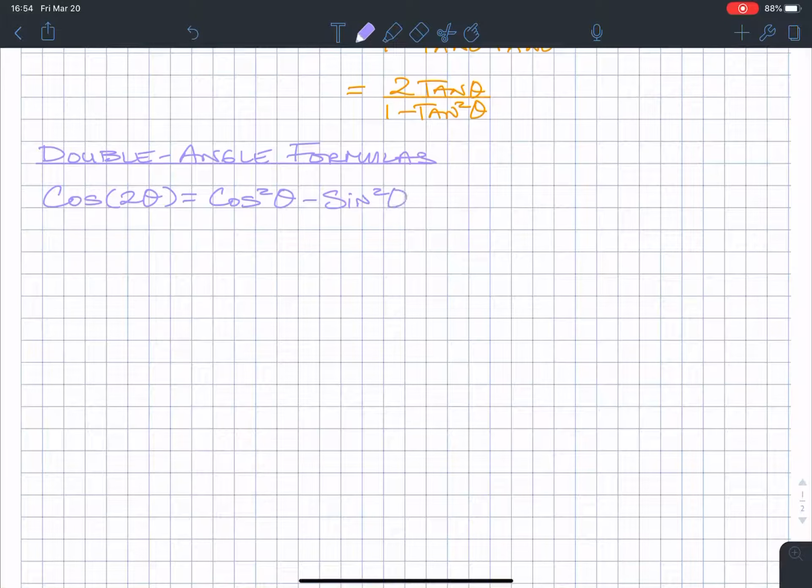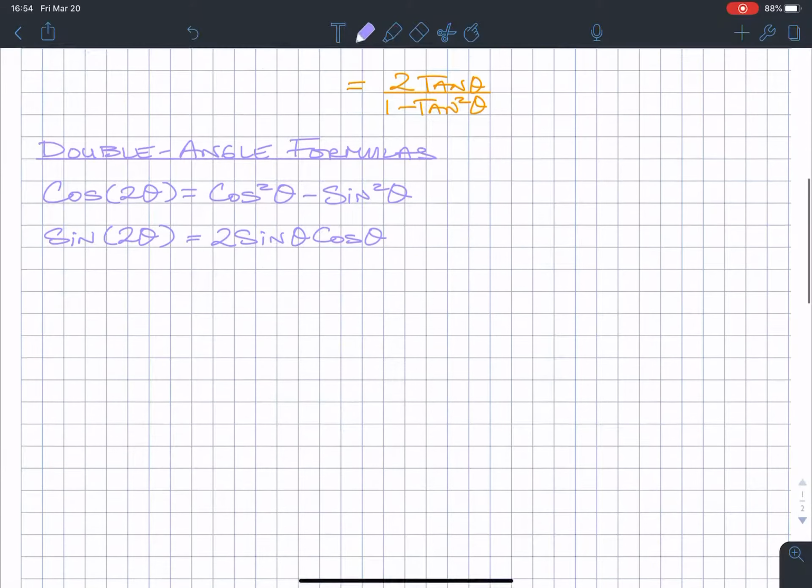Now be careful. This is not the main Pythagorean identity. There's a minus, not a plus, so be very careful with that. Sine of 2 theta is 2 sine theta cosine theta. That's one of my favorites.